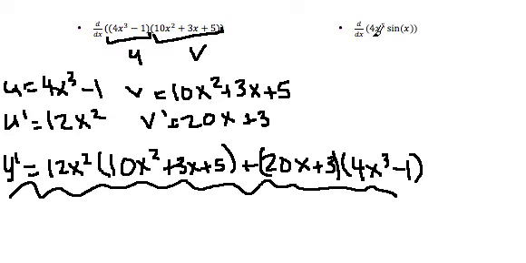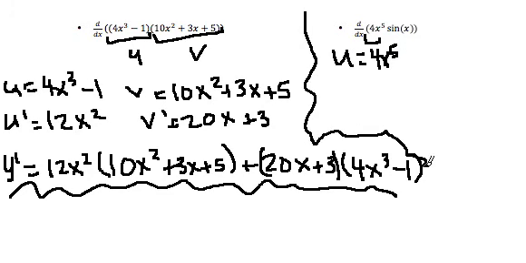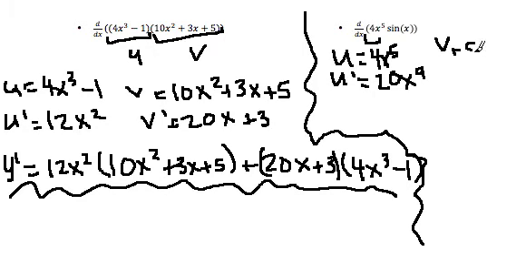All right, we have one last one, and I hope I have enough space for it. Here is u, which is going to be 4x to the 5th. I'm just going to carve out some space. So u prime would need to be 20x to the 4th. And then our v is sine of x. So then v prime is cosine of x.